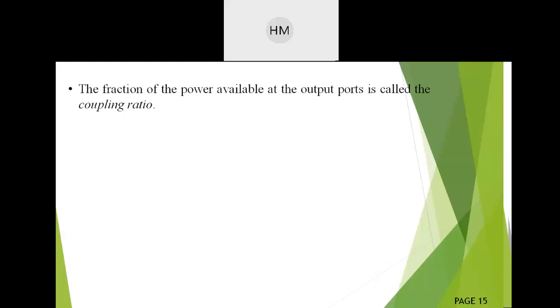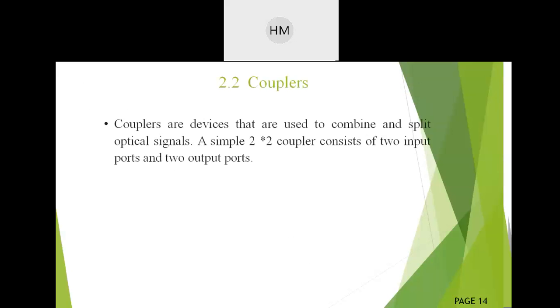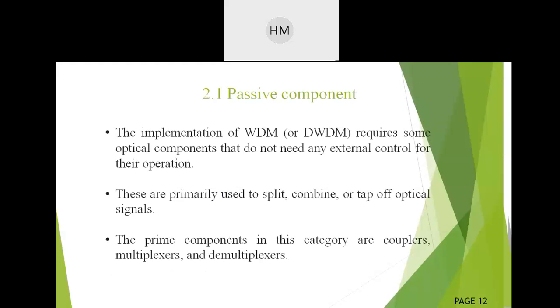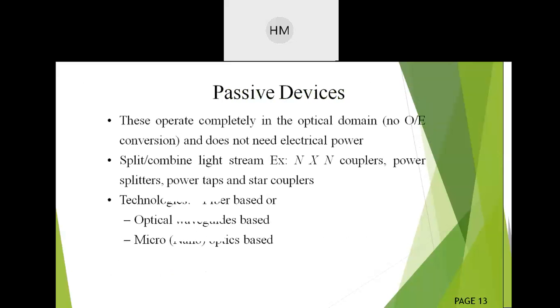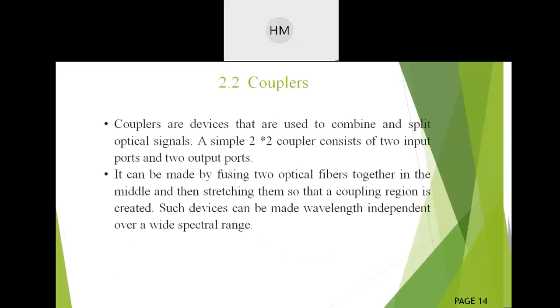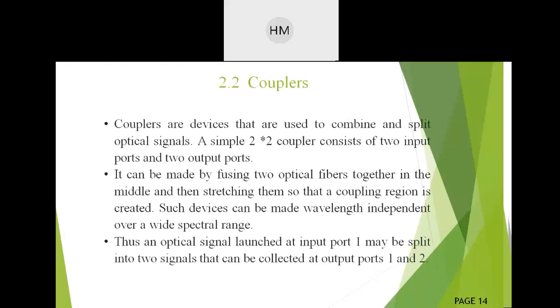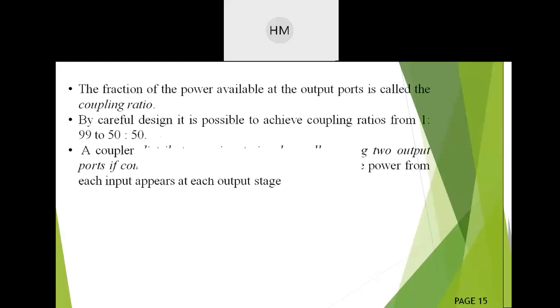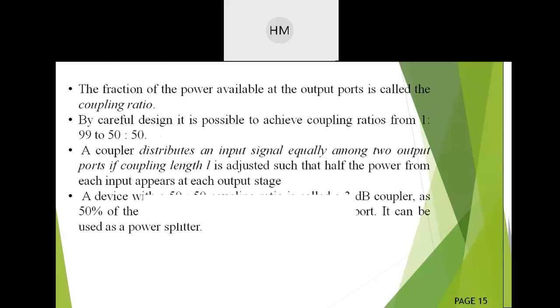See students, you can write all these important names which we have discussed. Passive components के बारे में, passive devices के बारे में, couplers में जो भी हमने नए नाम पढ़े हैं अभी, you can write that also. ठीक है, coupling ratio, 2 types of coupling ratios we have seen.